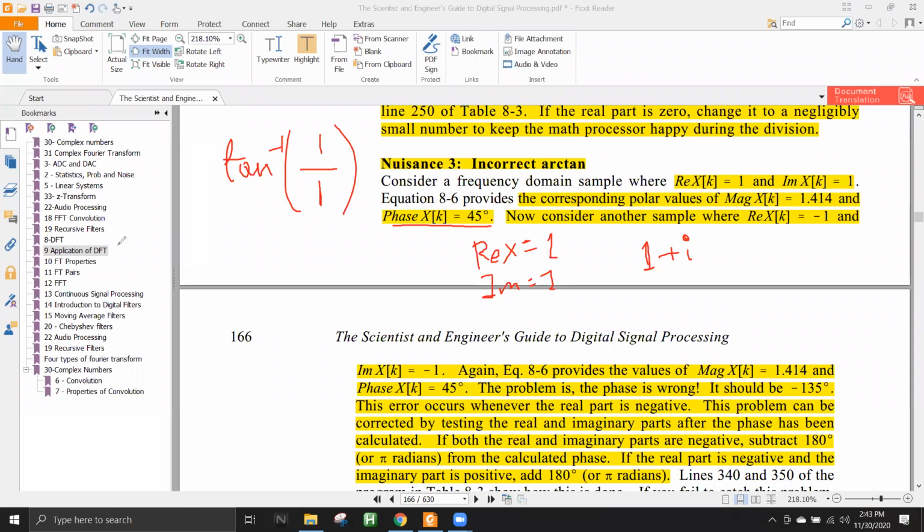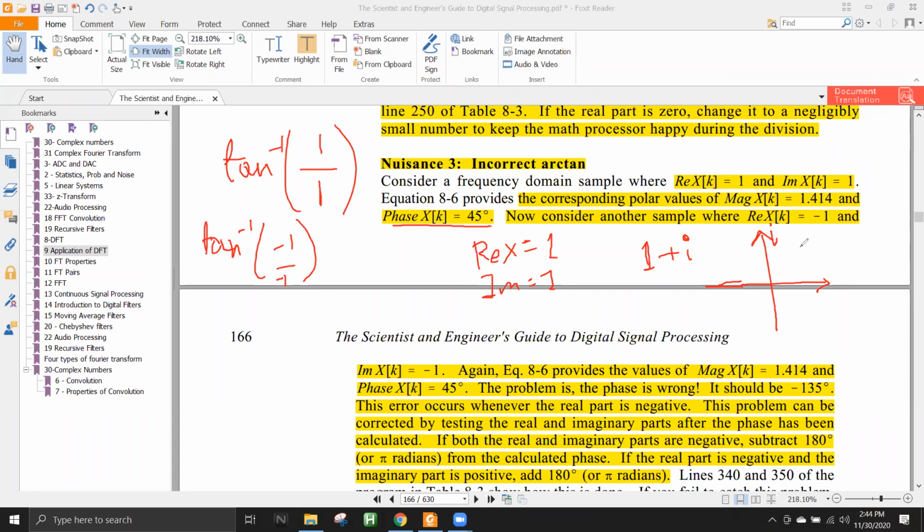But now notice that if it is tan inverse of minus 1 over minus 1, the ultimate result when I cancel the minus signs is 1, so tan inverse of 1 is again pi by 4 or 45 degrees. But is it actually the case? If I plot it, this axis is the real axis, this is the imaginary axis.